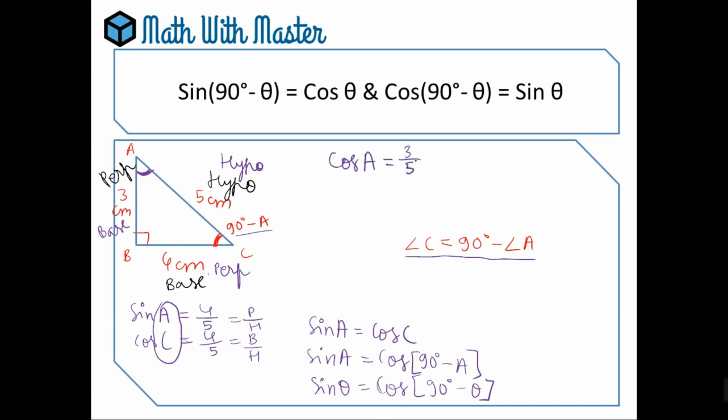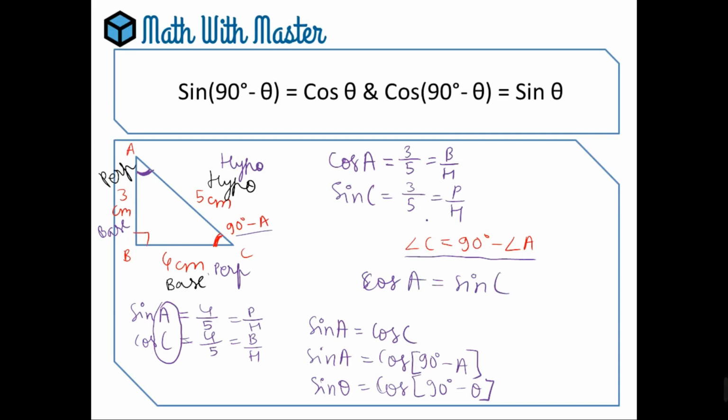Cos A is 3 by 5, which is base upon hypotenuse for angle A. And here sin C is 3 by 5, which is perpendicular upon hypotenuse for angle C. So we can also say that cos A is equal to sin C.